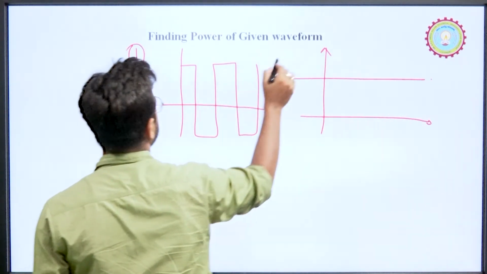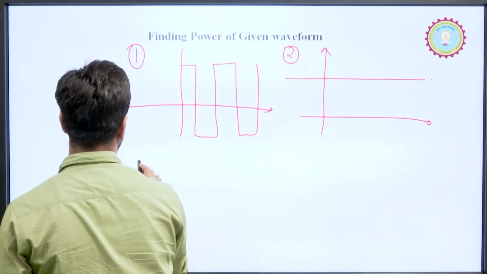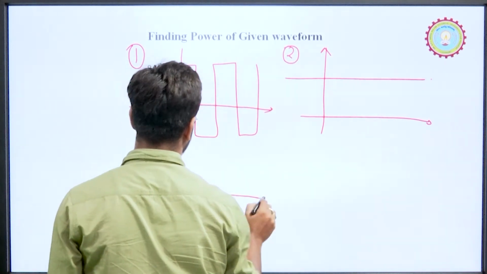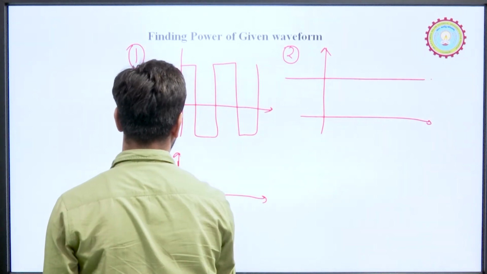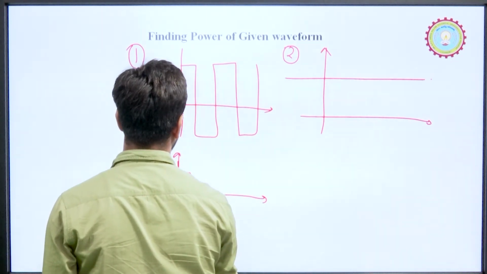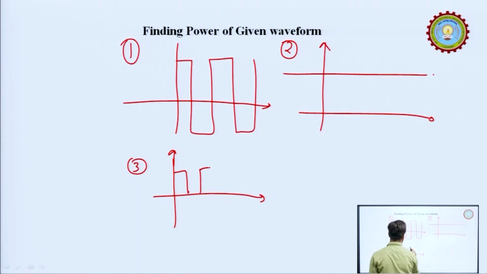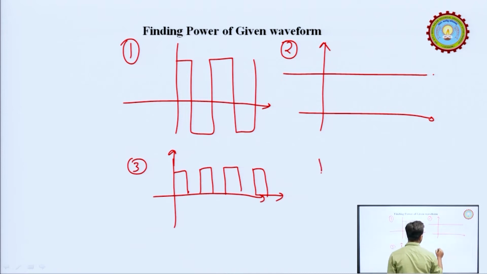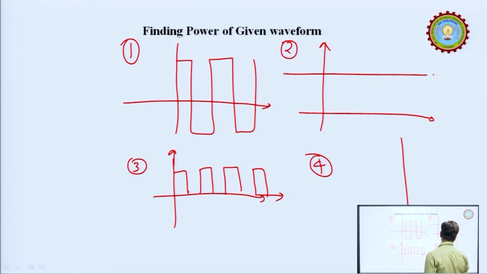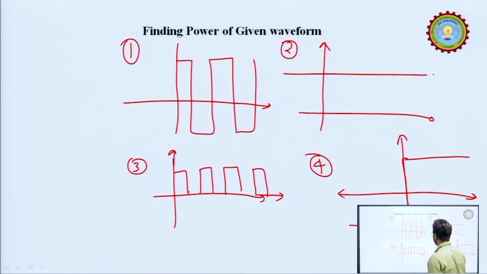Signal 1, signal 2, signal 3, signal 4. So, I have drawn 4 signals and we are required to find the power.